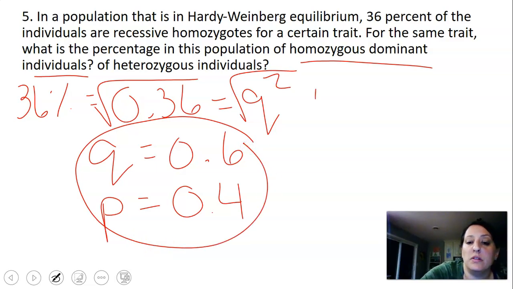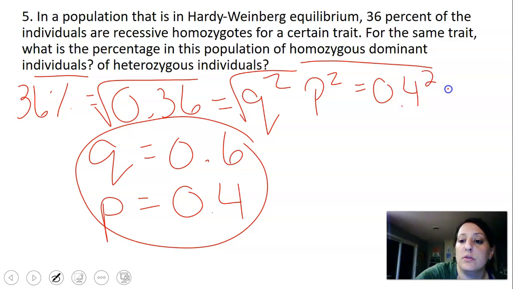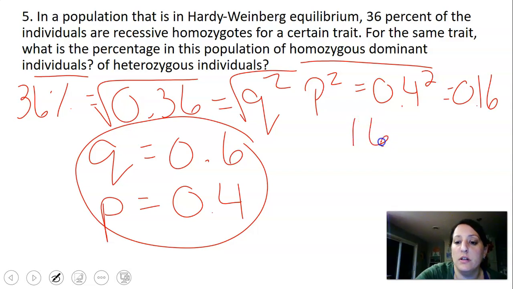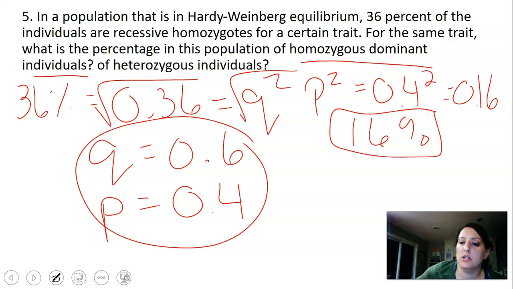Now I'm just going to do P squared to get the frequency of my homozygous dominant individuals. So that's going to be 0.4 squared, which equals 0.16, right? Yep. So 0.16, but they asked for a percentage, so I've got to multiply that by 100, which gives me 16%. So that's the percentage. This is the frequency of homozygous dominant individuals.